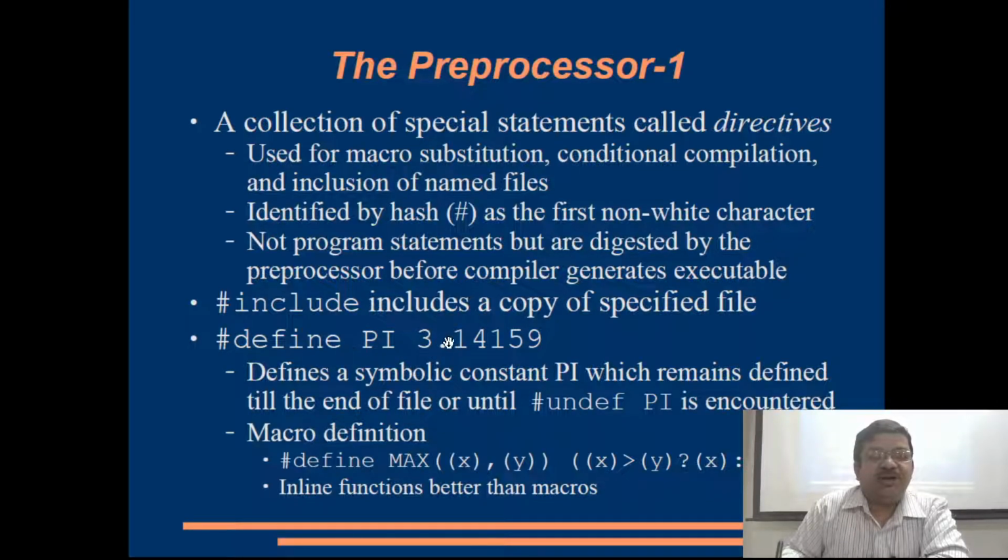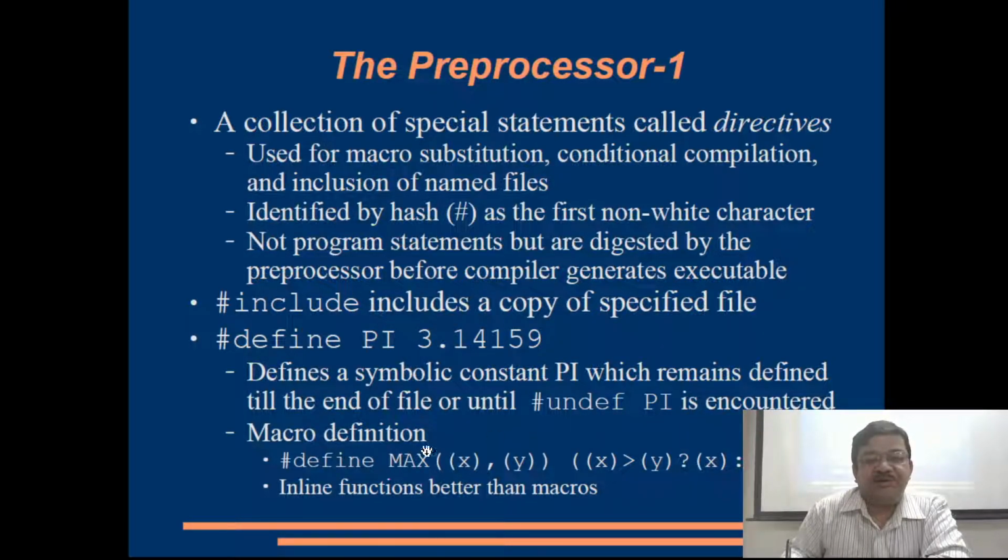Define would associate this pattern with this pattern. So all that the C preprocessor would do is, wherever it comes across the pattern pi, it would replace that pi with this pattern. This defines a symbolic constant pi, which remains defined till the end of the file or until undef releases this definition or association.